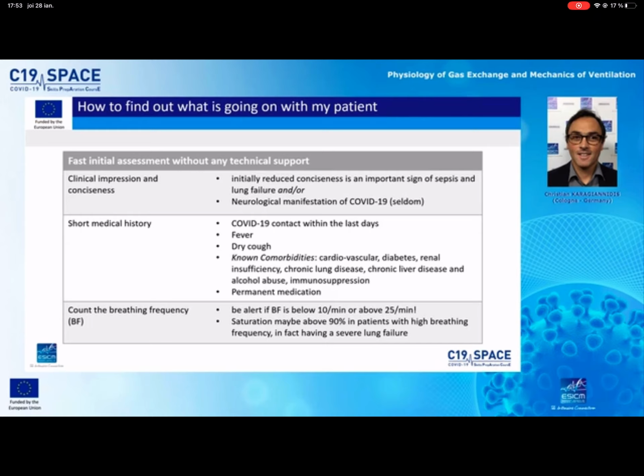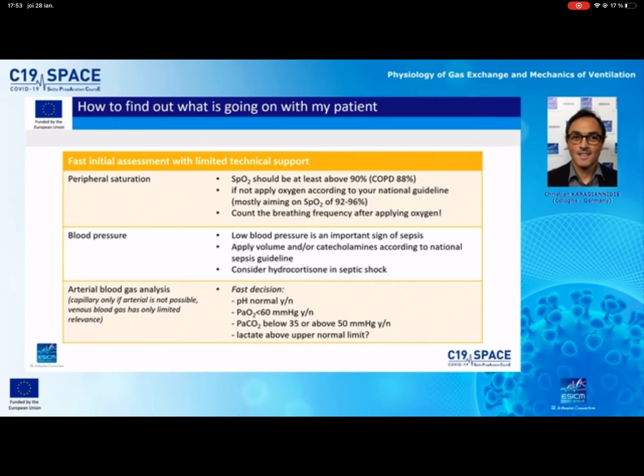And it might be that you see a COVID patient with a breathing frequency of 35 or 40 per minute, and a saturation which is still above 90, but in fact the patient has a very severe lung failure and tries to get more oxygen by increasing his breathing frequency.